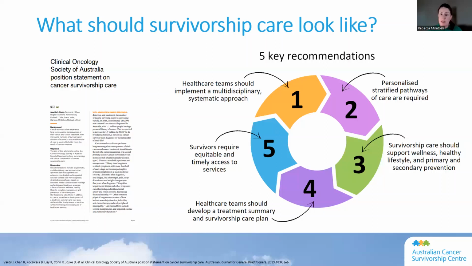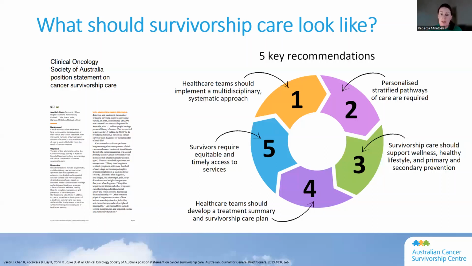The position statement describes 5 key recommendations for survivorship care, and I'll briefly run through these now. So firstly, they recommend that healthcare teams should implement a multidisciplinary, systematic approach to ensure coordinated and integrated survivorship care. Care should be integrated across acute, primary and community-based services, with the role and responsibilities of each health professional clearly defined.